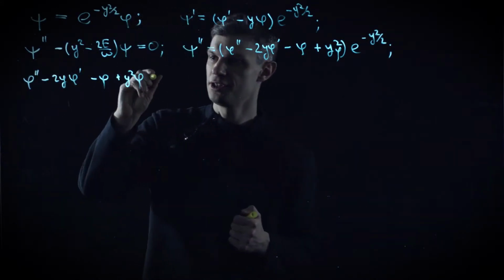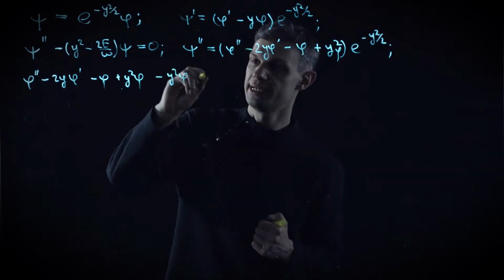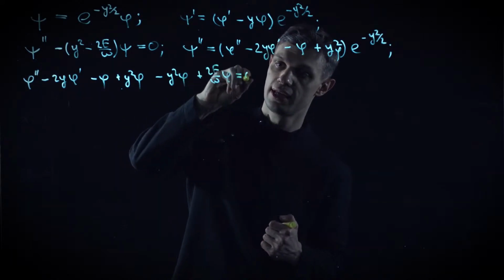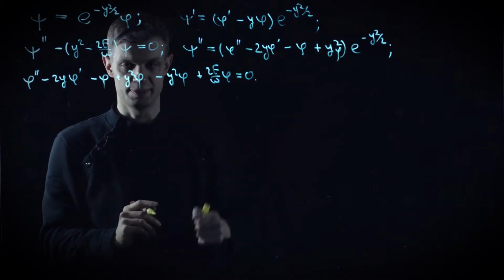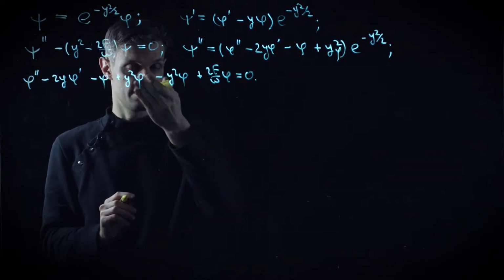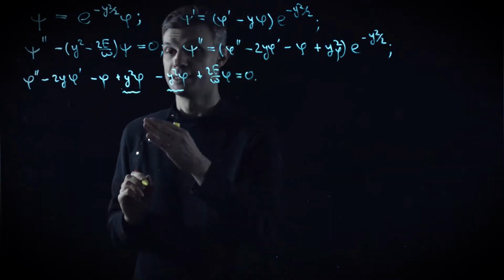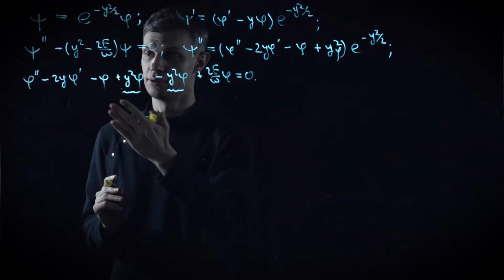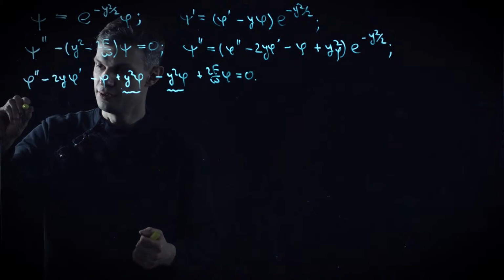So this second derivative term, minus y squared phi and plus 2e over omega phi. And of course, I cancelled both parts of this equation by this exponential term. And we see that the thing that we were hoping actually happened. This quadratic term cancelled.